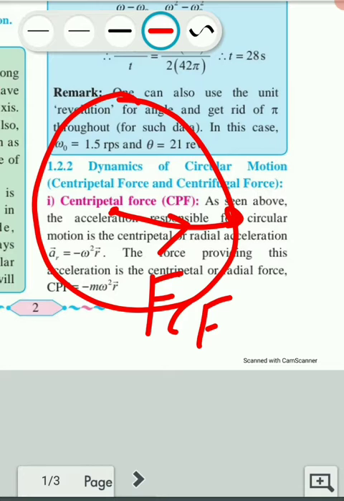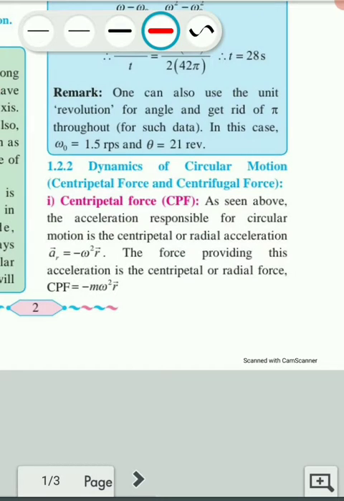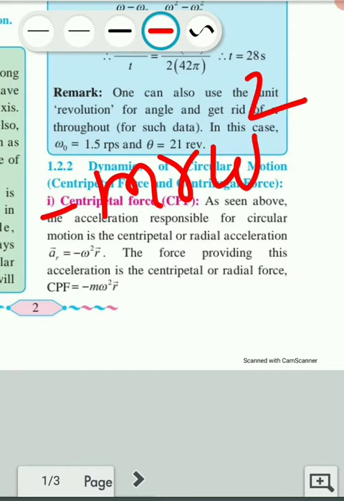Okay, here centripetal force is represented by minus m r omega square or minus mv square by r.